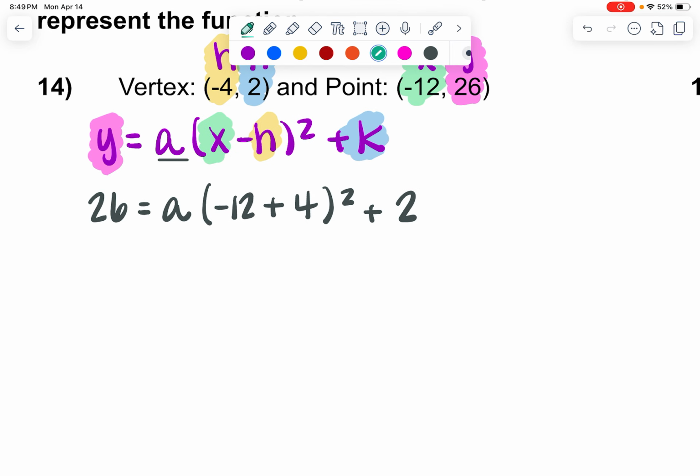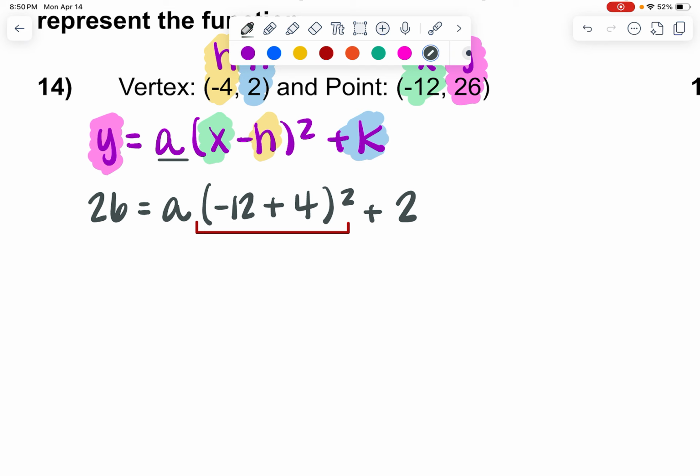The first thing you want to do is, hold on, let me change that color. I'll use red. You want to take care of this multiplier that's behind the a, and we're going to end up putting it in front of the a when we're all done. So negative 12 plus 4 is negative 8, and negative 8 squared is positive 64.